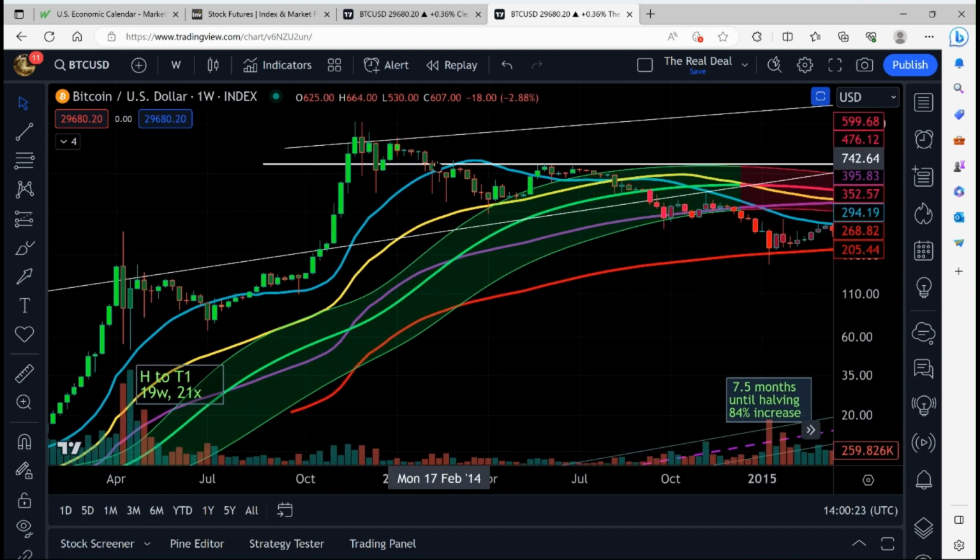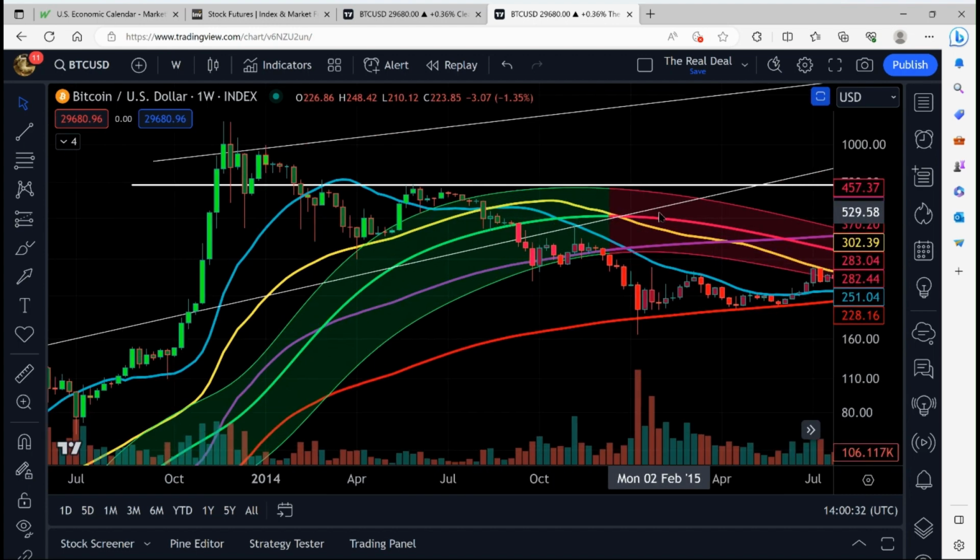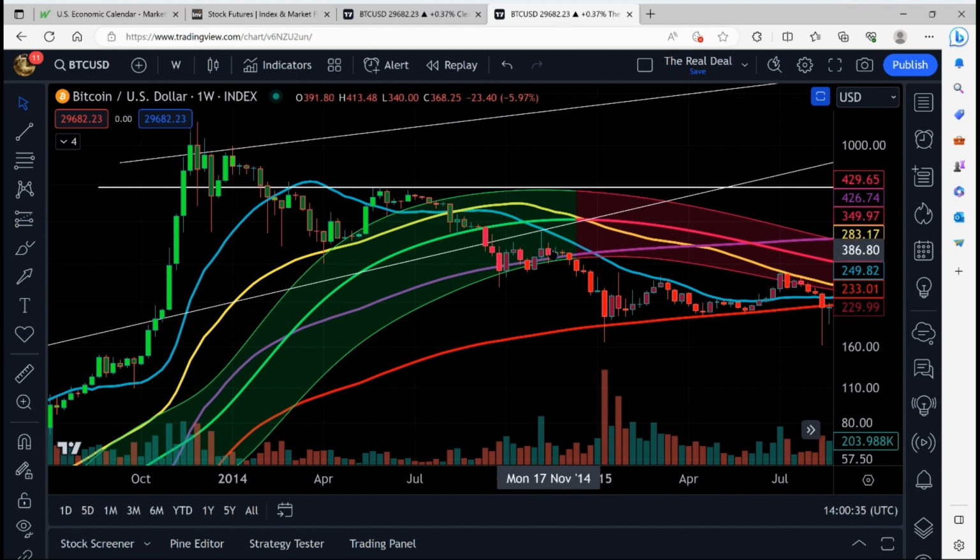until we entered the next bear market in 2014 and stayed below it. Stayed below it here throughout this. I'm just looking at the other moving averages right now.